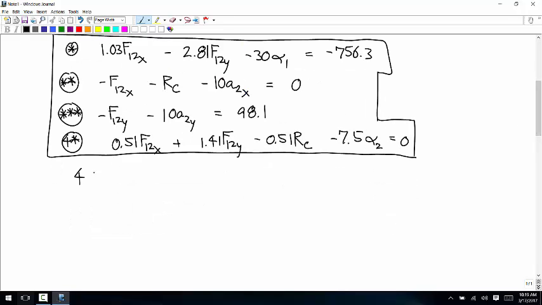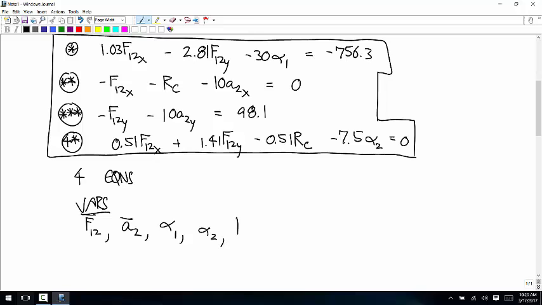And we have 4 equations. The variables we have are F12, A2, alpha 1, alpha 2, and RC.